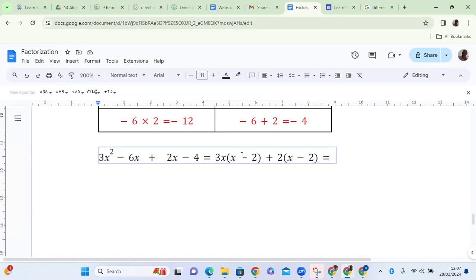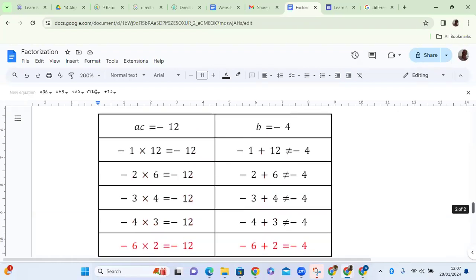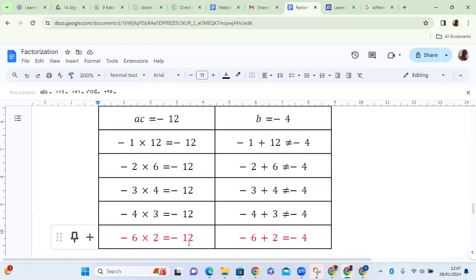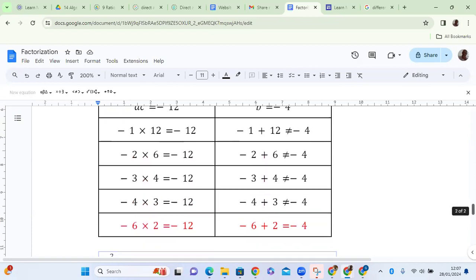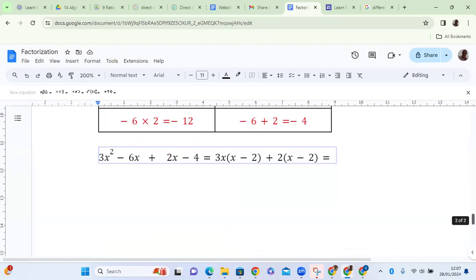If any one of the terms inside the bracket differs, then there's a mistake, or probably the quadratic cannot factorize, because it's not all quadratics that can factorize. That is a very important step.